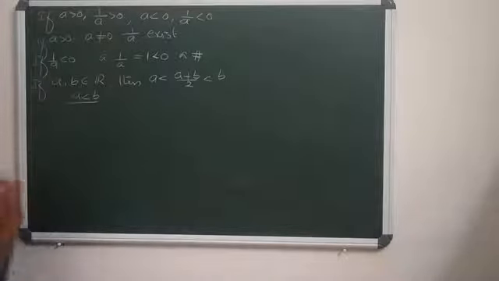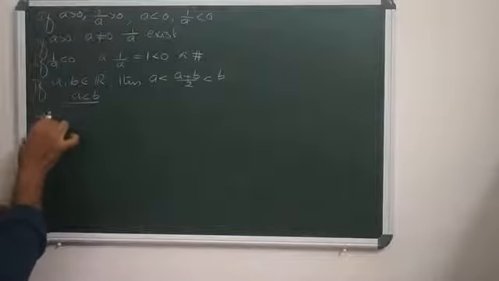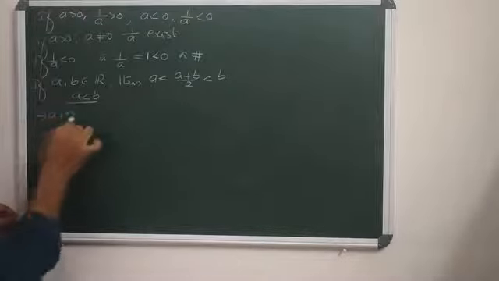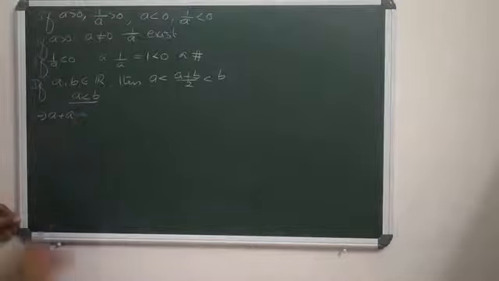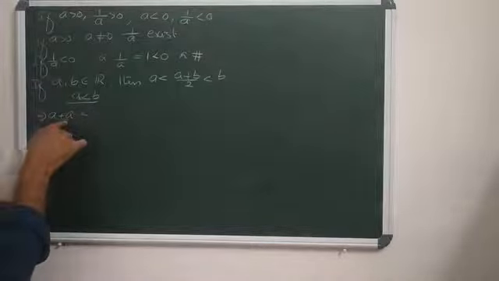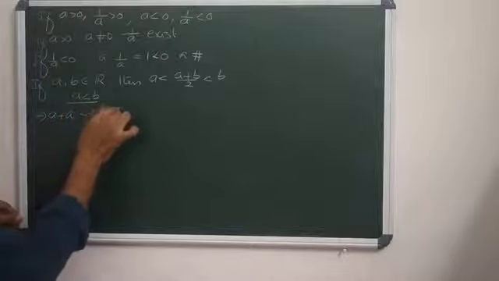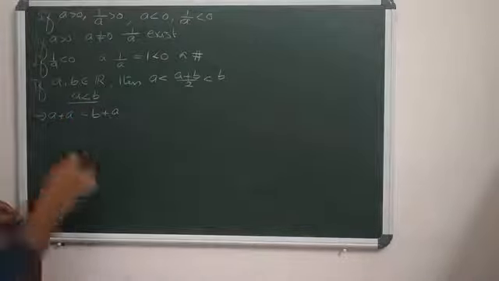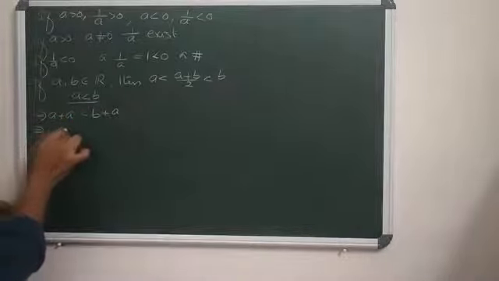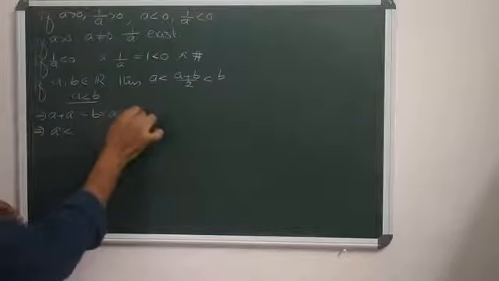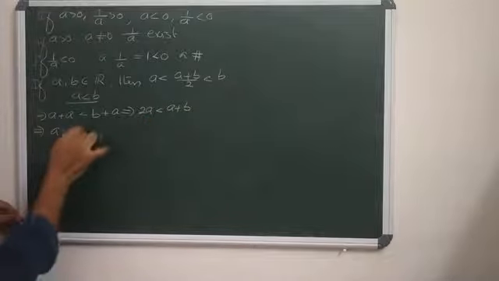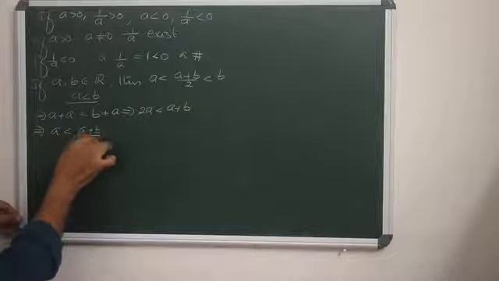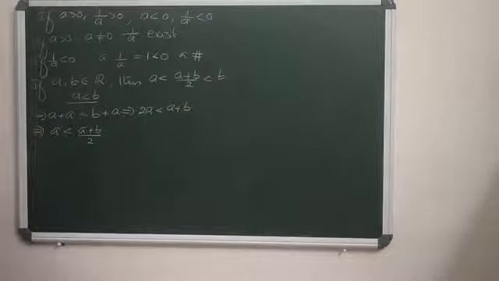It is given a less than b. Okay. Since a less than b, for any real number a, if you add a on both sides, we get a plus a less than b plus a. That means 2a less than a plus b, that means a less than (a plus b) by 2. Agree?